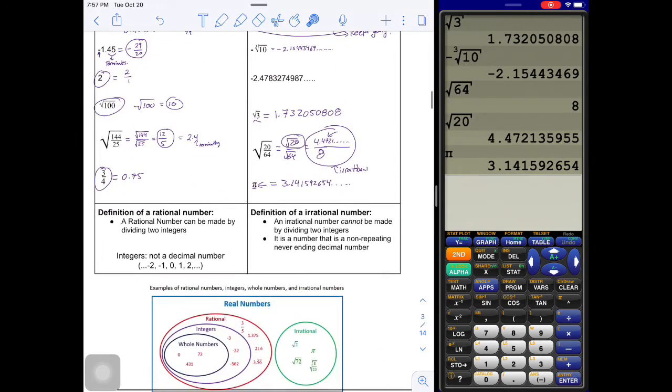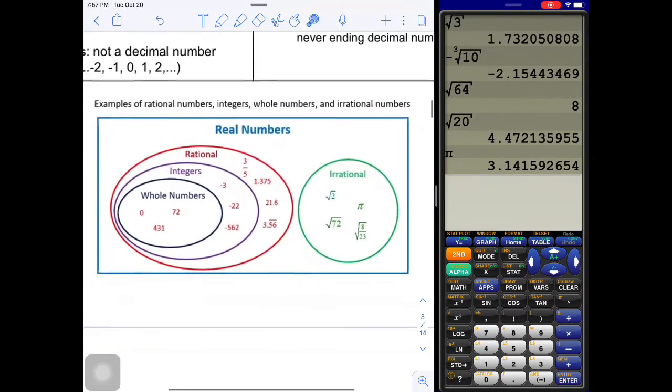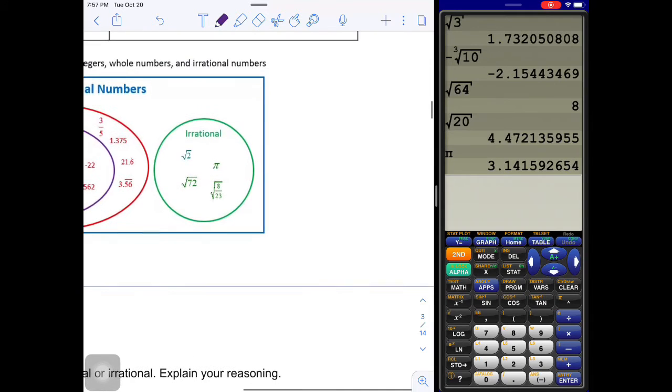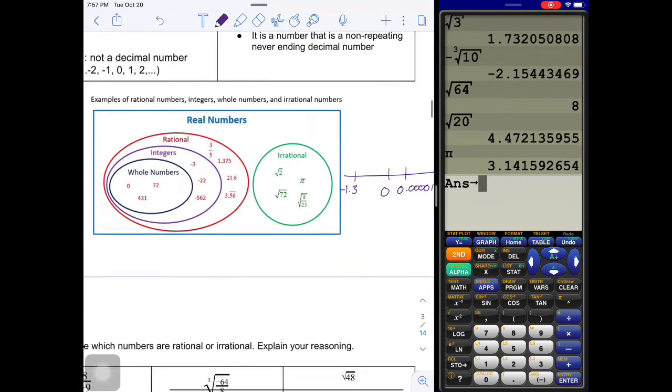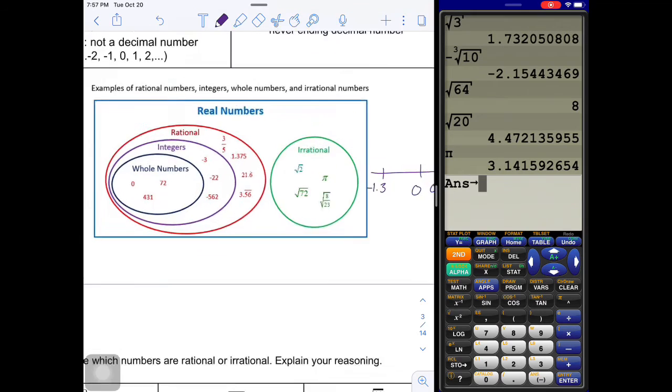Okay, so here we can see a definition of all real numbers. Real numbers include every single number that can exist on a number line. So that'll include 0, that includes 0.00001, that includes 1, that includes negative 1.3, and so on and so forth. So any number you can put on a number line.